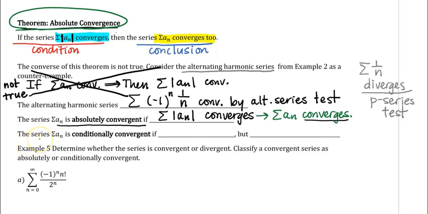If a series is conditionally convergent, what that means is that the original series converges, but when you apply absolute value bars, it diverges. Like what we saw with the alternating harmonic series.